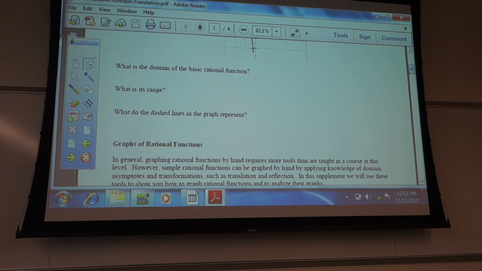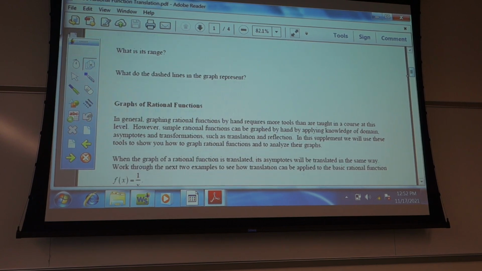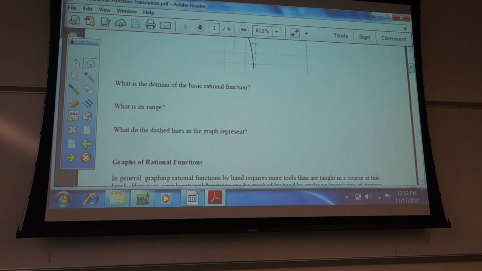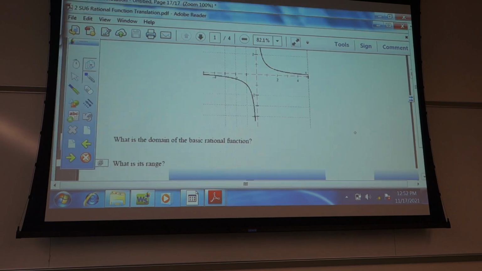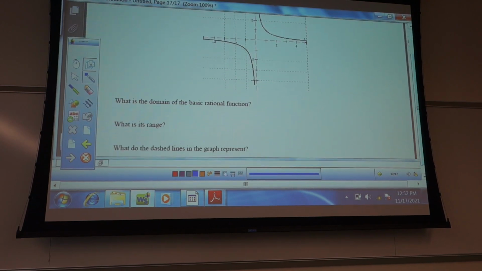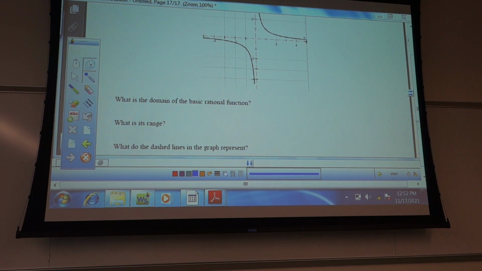What's the domain of this basic one? X cannot equal 0. X cannot equal 0. And the range. Natalia, what's my range? Oh, check with your neighbors.